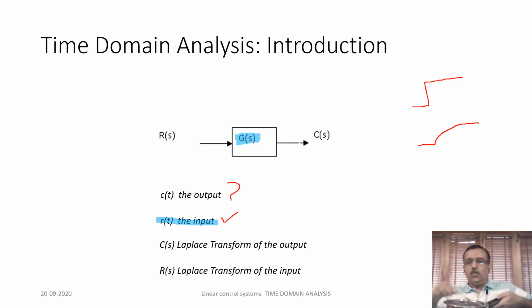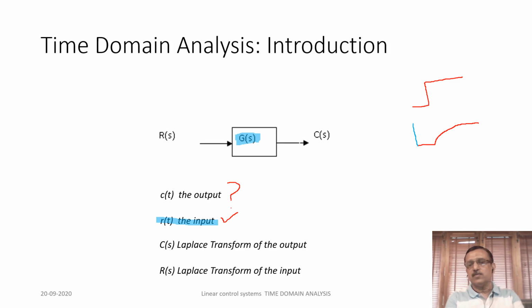Suppose I have a thermometer, or if I look into it, I'll see that the temperature increases gradually, isn't it? You are interested to know something which we'll study later on: how long it will take the temperature to reach the required value, say 100 degrees centigrade.